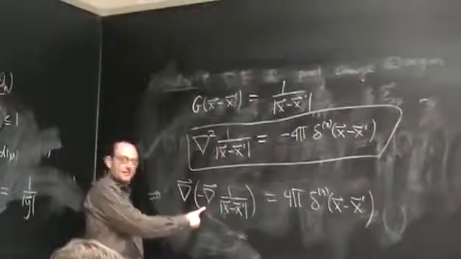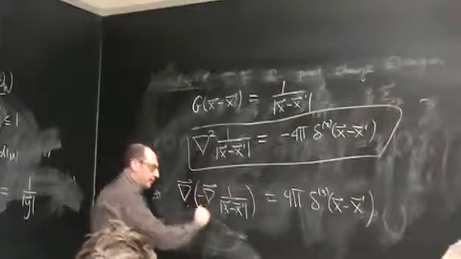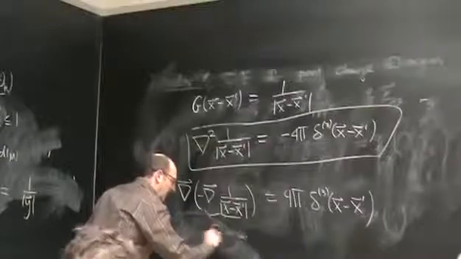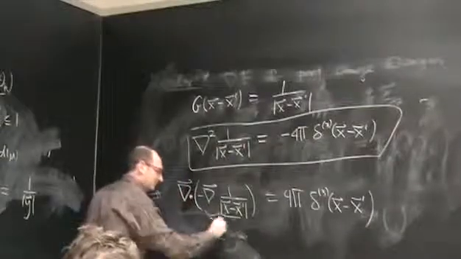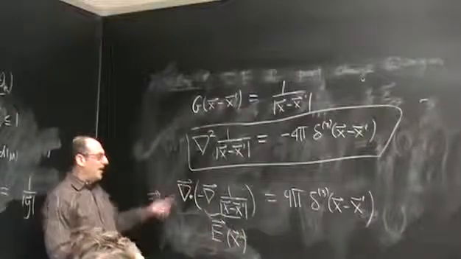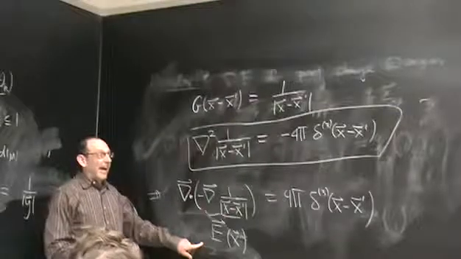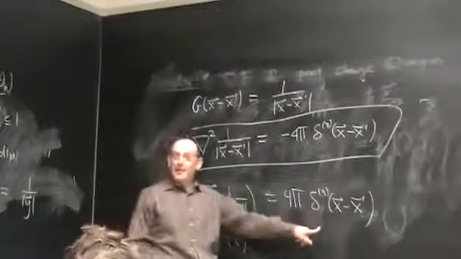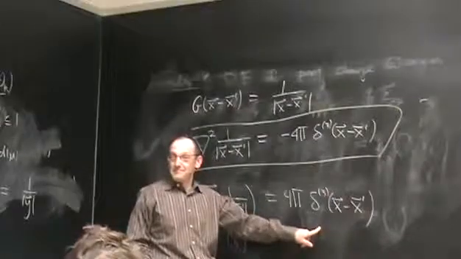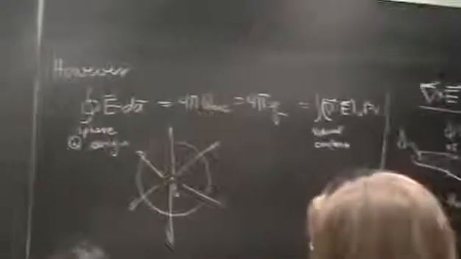And what is this? Well, this is the gradient of the potential of a point charge, minus the gradient, which is the electric field of a point charge. So del dot E for a point charge is not 0 except when x doesn't equal x prime. When x equals x prime, it's infinity, which was the singularity that we talked about. So there's the resolution to that paradox.